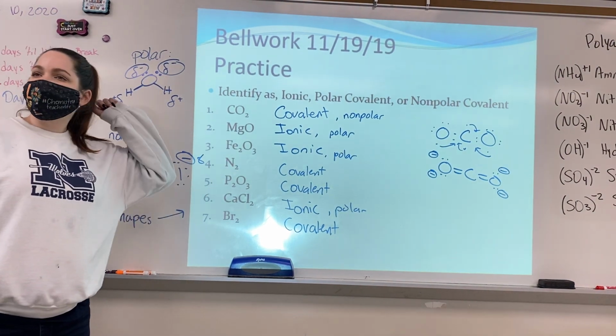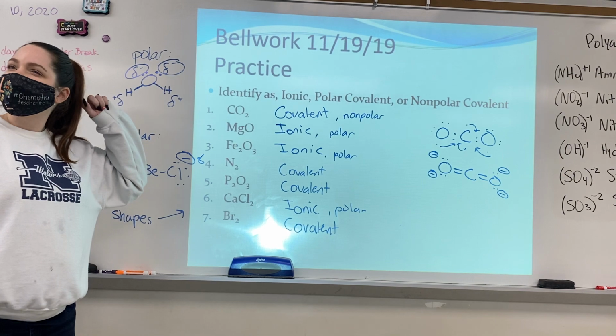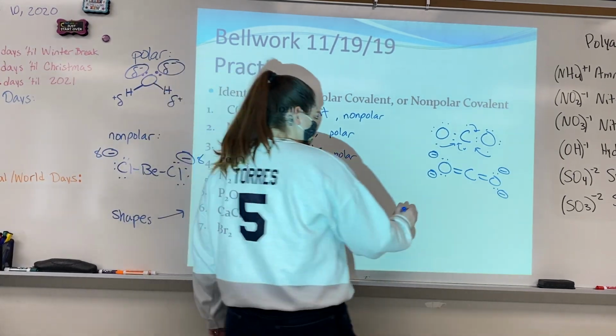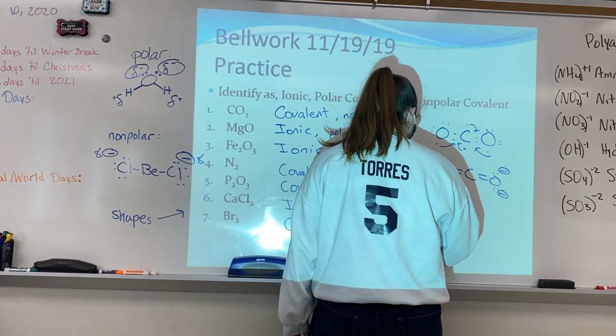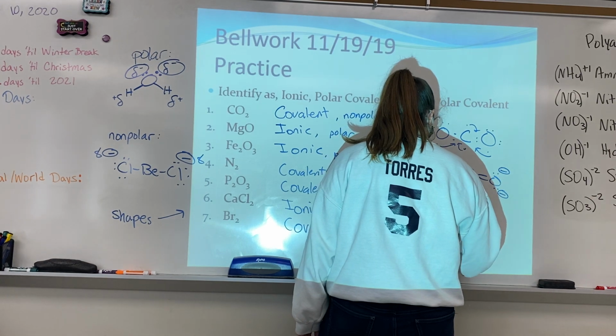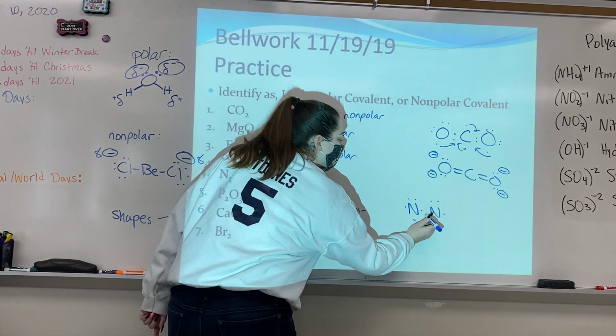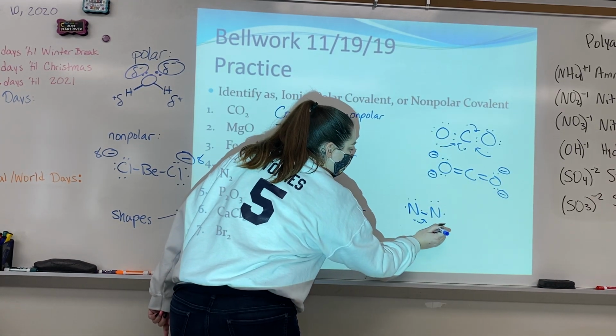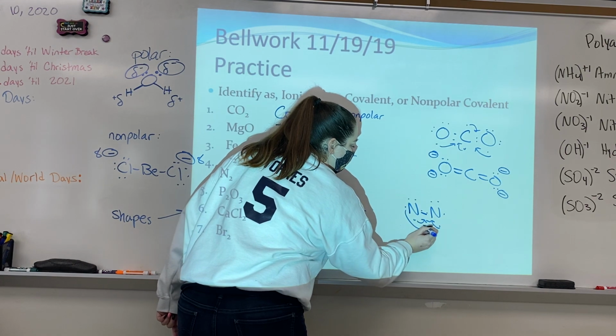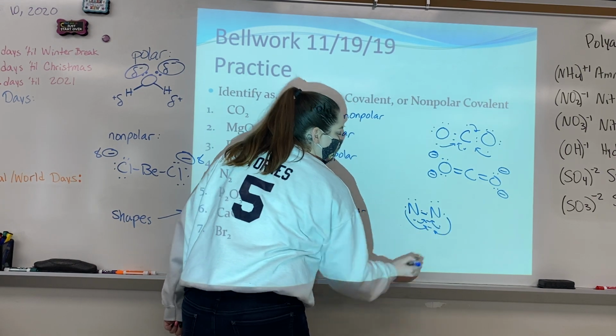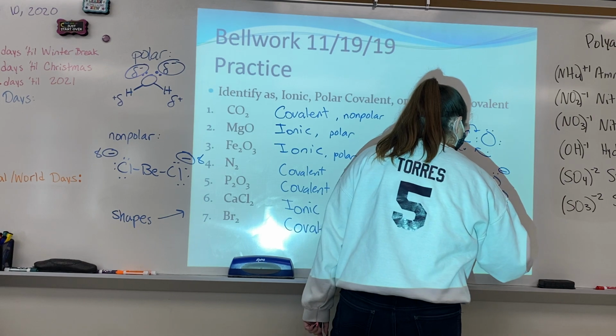All right, what about nitrogen? Polar or non-polar? Non-polar. So let's look. Nitrogen has 5. These are going to form a bond, these are going to form a bond, and then these are going to form a bond. So nitrogen makes a triple bond.